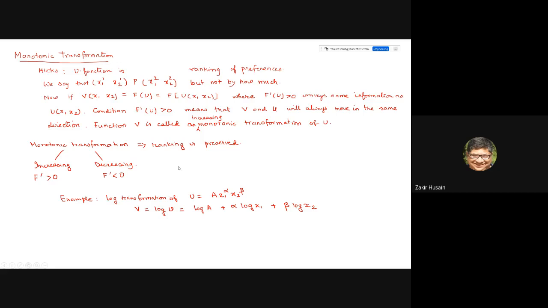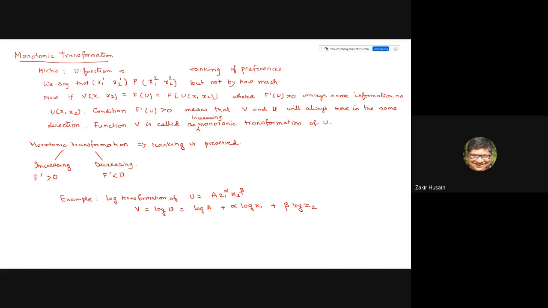The second important thing that I want to discuss today is the monotonic transformation. I think we have discussed this in earlier classes. Basically, monotonic transformation means we are talking about functions like log, square, where simply the value of y goes up.